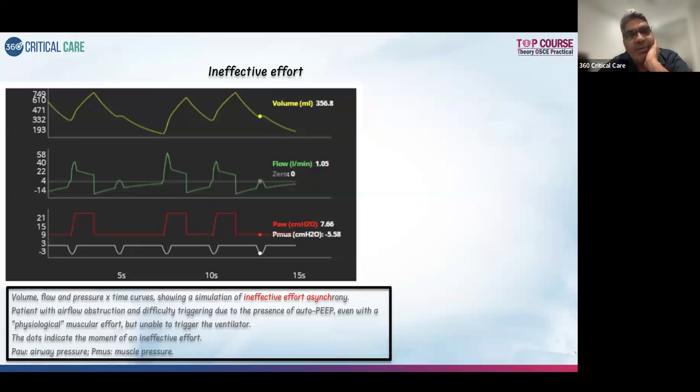Suppose you have put a pressure trigger of 2 but the auto peep is 6, so the patient has to generate a negative pressure of 8 for the ventilator to sense a positive 2 pressure trigger. So if there is auto peep, it is very difficult for the patient to trigger the ventilator. That is one of the causes for ineffective triggering. In that case, you have to treat the auto peep to reduce the ineffective triggering.